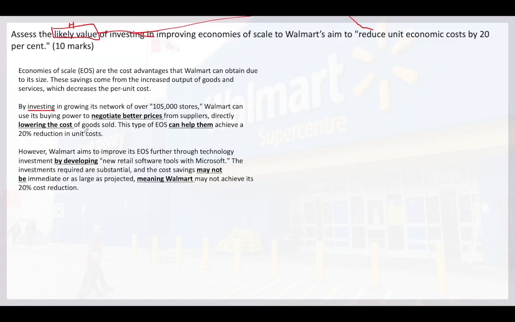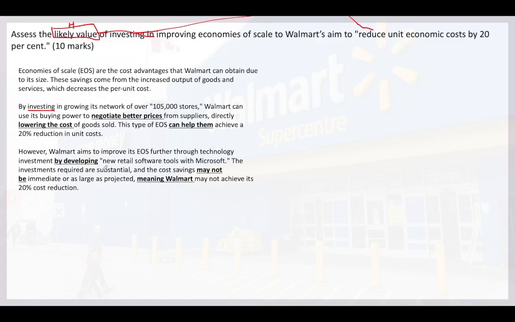Counter argument to the point that we've just had, possibly using a different economy of scale. However, Walmart aims to improve its economy of scale further through technological investments by developing new retail software tools with Microsoft. Nice quotation marks around it to make it obvious you've used the case study.